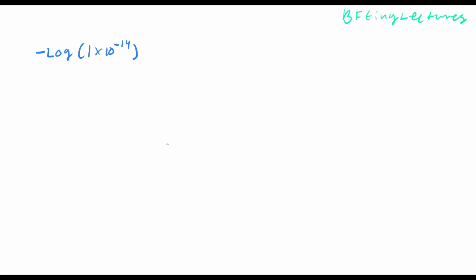That is equal to the negative log of your acid plus the negative log of your base. Everything cancels out and it just gives you 14, and that is equal to the pH.